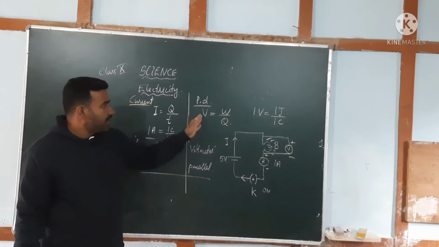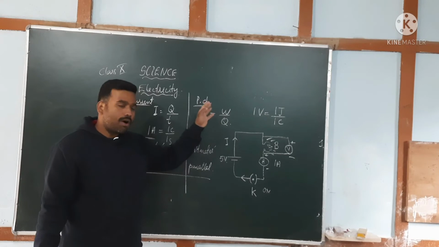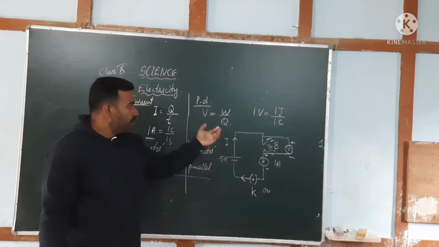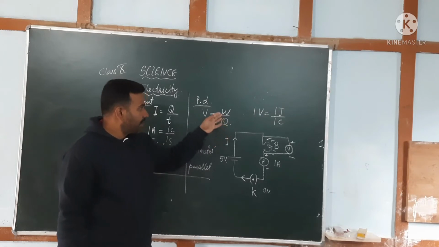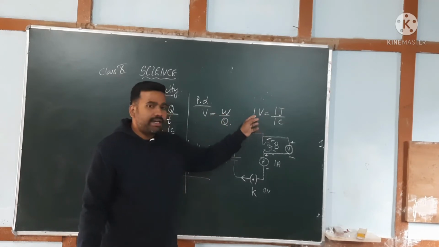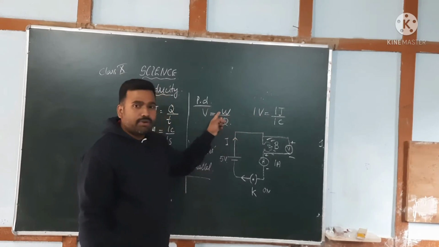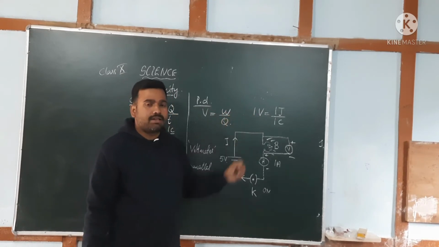And potential difference we can define as the work done in order to transfer a unit amount of charge. For example, we can define 1 volt. What is the SI unit of work? SI unit of work is joules.